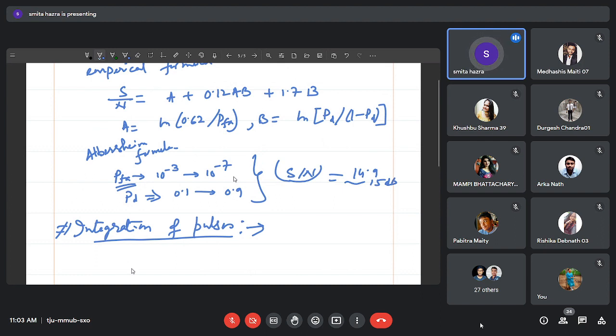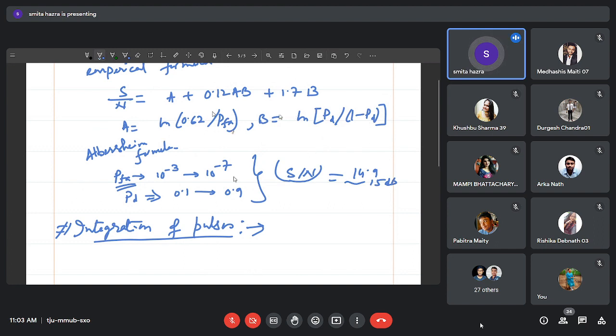And if we have a look over this S by N, inside the S by N the contribution of the probability of false alarm is there and the probability of detection is also there. So these two are simultaneous. Probability of false alarm is simultaneous with PD and vice versa. So no one is absolute, not that only the false alarm is absolute, nor that the probability of detection is absolute.